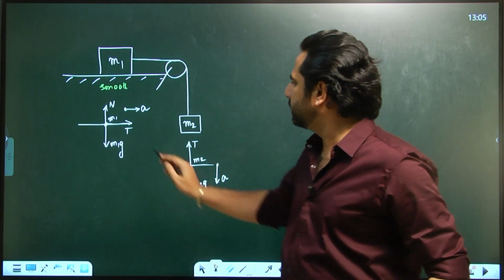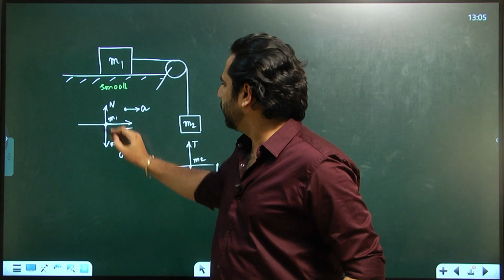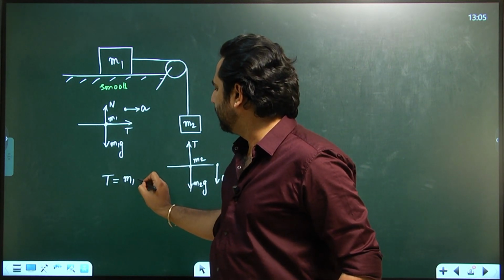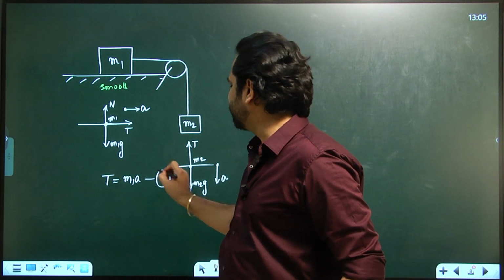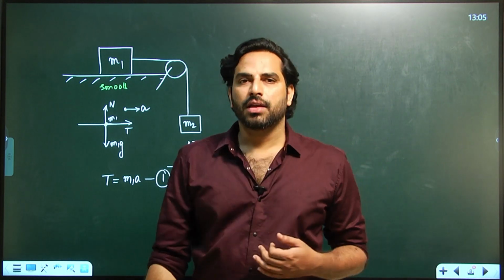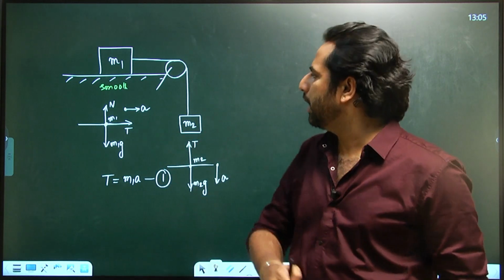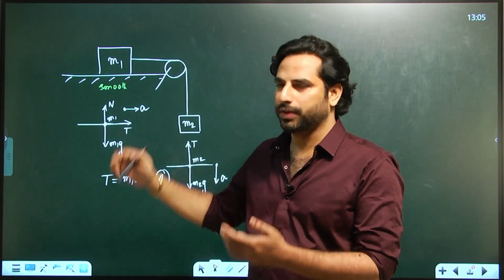Now if you write the equation, N minus m1g is 0 in the vertical direction, and in the horizontal direction, net force is T, that is equal to m1 into a. This is equation 1. Even in this case, resolution of forces is not required, because all the forces are already along the line of acceleration and perpendicular to the line of acceleration.